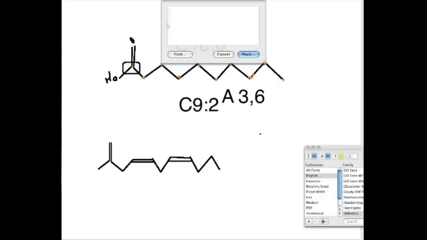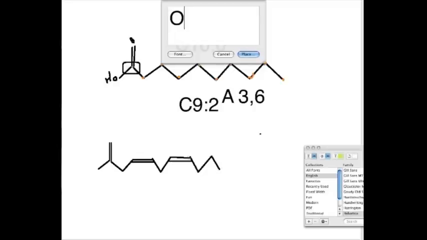The easiest way to do the omega system is, I also don't have an omega, obviously, I don't have Greek letters on my keyboard, so we'll use an O for omega. That makes sense, right? So you take the last carbon and you count backwards.